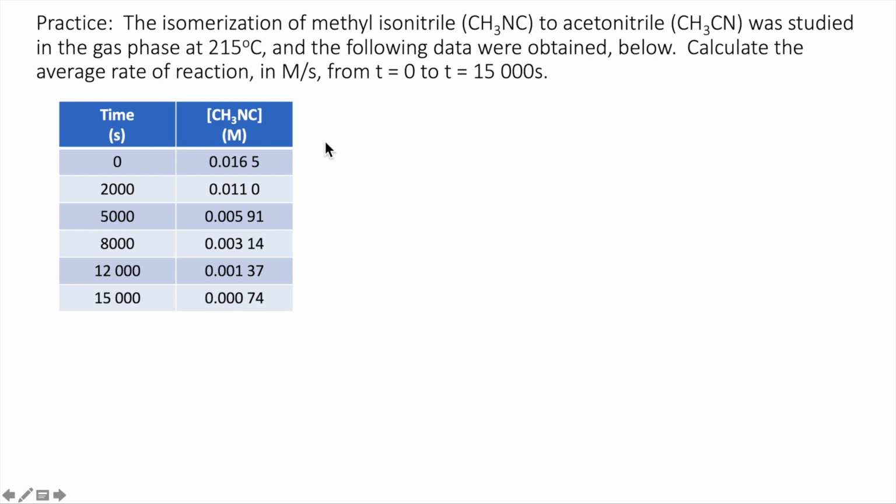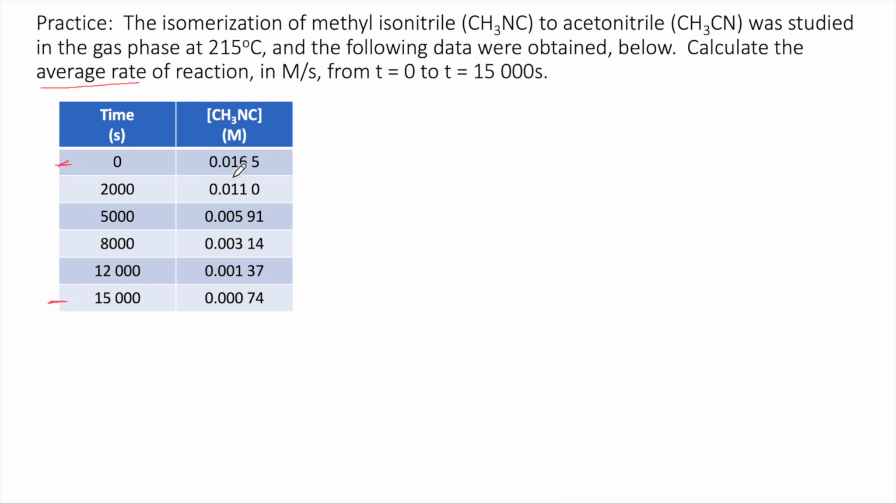Even though they have the same formula, they have different structures, and they also have different characteristics. Now, the question here is, what is the average rate of change, and this is one of the key things, that we're looking at the average rate from time 0 to 15,000 seconds.